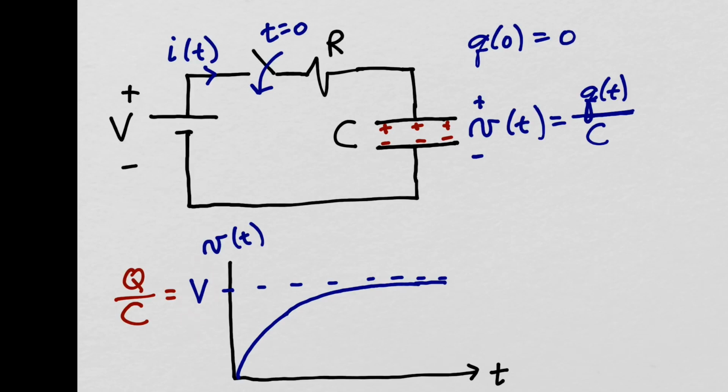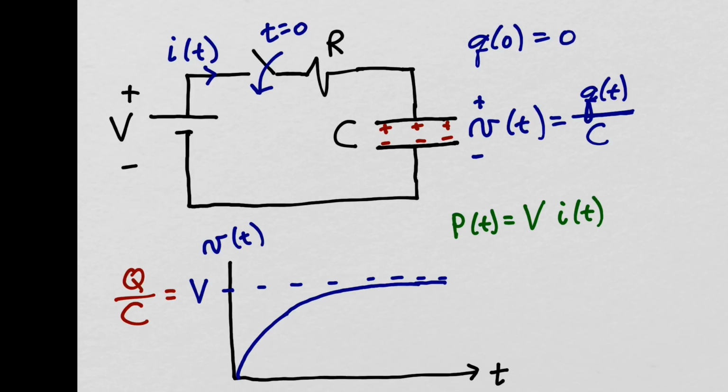While current is flowing, the power supply will be delivering power. Some of that power will go into heating the resistor, and the rest of that power will be stored on the capacitor. The power being delivered by the DC source will be the product of the voltage of the DC source times the current that is flowing.